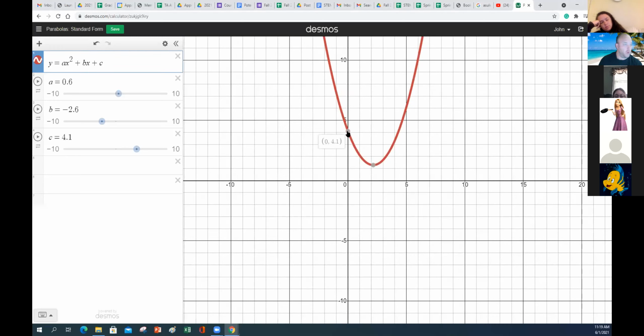So x1 is going to be represented as 0. x2 is 2.167. Can everybody see that? Now, given that x2 is greater than x1, we see the output of x1 is higher than the output of x2. Therefore, we know this is decreasing on this interval of x1, x2.